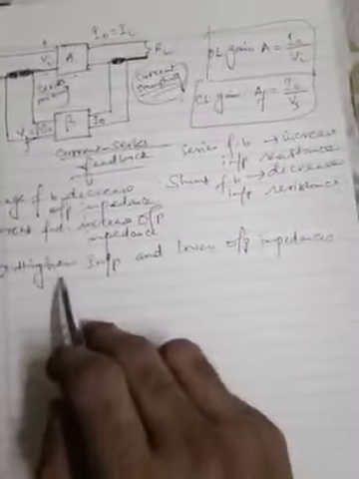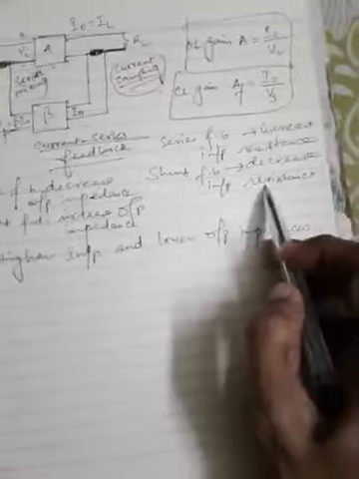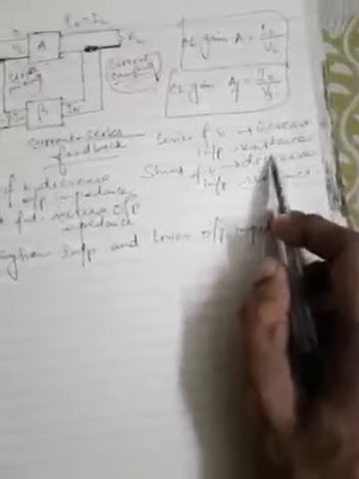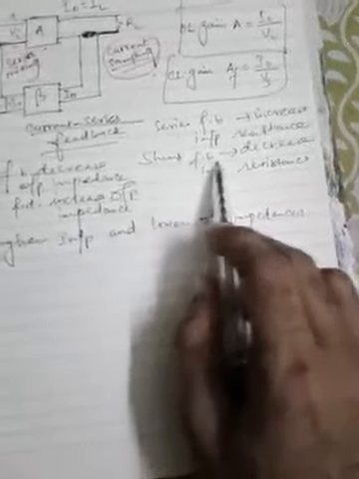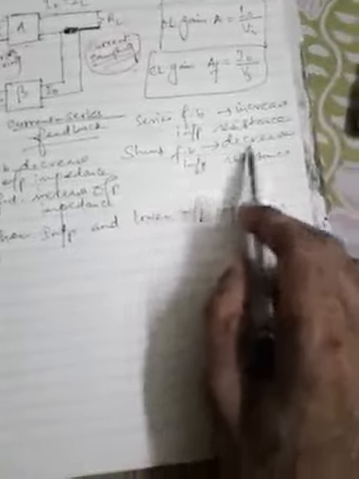Higher input impedance means increase of input resistance, which can be done by the use of series feedback. Shunt feedback is not that much required because it will decrease the input resistance and you need higher input resistance. So series feedback is preferable over shunt feedback.